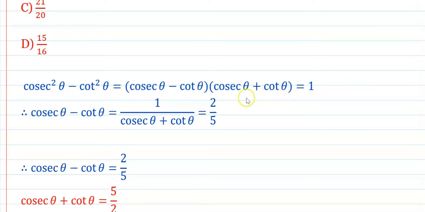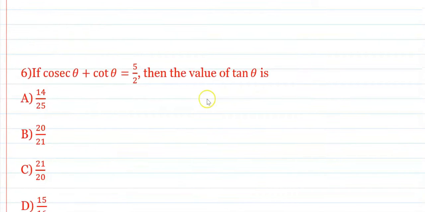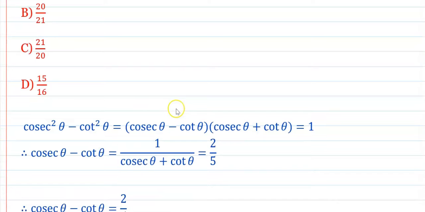Now what value has been given here? That is, the value of cosec theta plus cot theta is given. Now we will substitute here cosec theta plus cot theta, it is 5 by 2. Therefore cosec theta minus cot theta is equal to 1 multiplied, the 1 will be divided, that is 1 upon cosec theta plus cot theta.